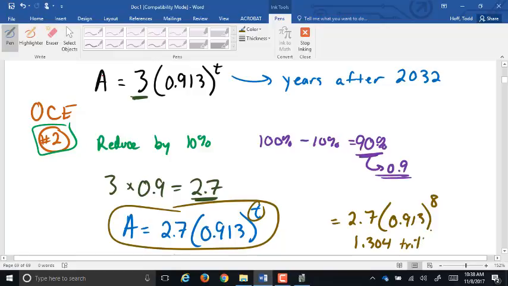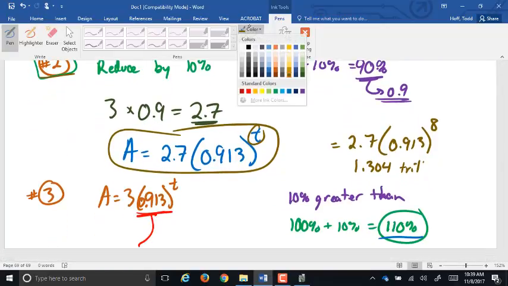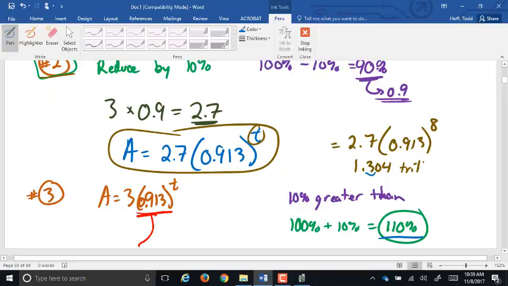Now I believe Quantway wanted 1,304 billion or something like that. Yep, on Quantway it wants billion. So to make it billion, you've got to move it over 3 spots. It's 1,304 billion.